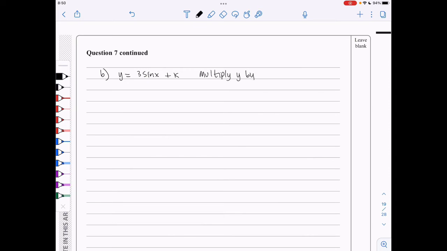And then the plus k means then add k. Which means that in the original graph of sine x, we had 90, 1. So if the y value gets multiplied by 3 and then we add k, it's going to be 90, 3 plus k. And we know that this graph has a maximum at 10, which means that 3 plus k must be 10, and therefore k must be 7.